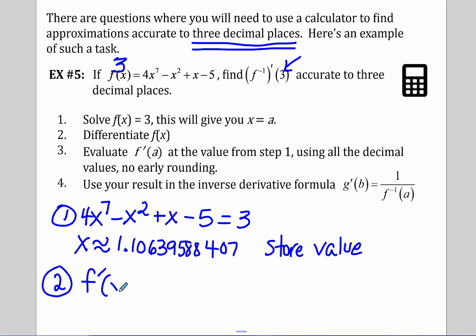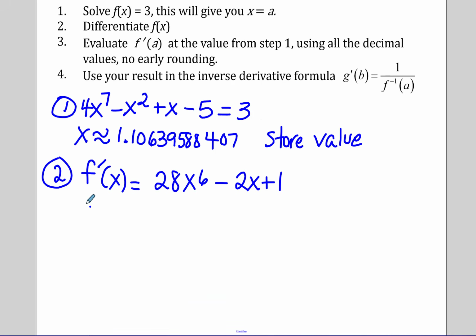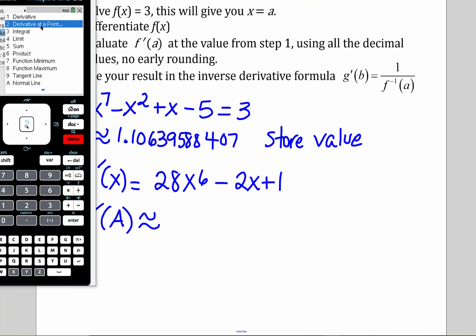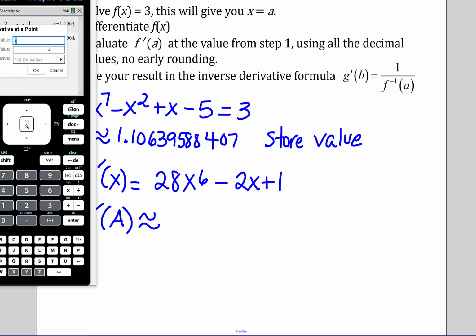So the derivative is 28x to the 6th minus 2x plus 1, and we want to know what the derivative of our stored value is going to be. So we want to go back to that on the calculator. So we're going to look at menu for derivative at a point, and my value is stored in a.